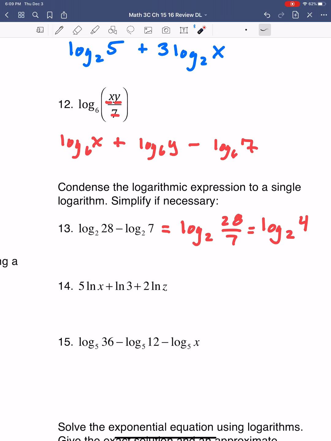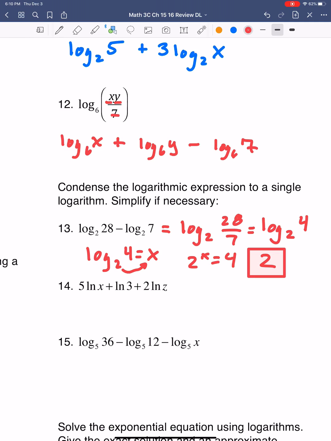And then we've got numbers here where I can see if I can evaluate that. Remember, we set log base 2 of 4 equal to x, go through this loop and swoop process, 2 to the x power equals 4, and so then that's going to simplify all the way down to 2, because 2 squared is 4.